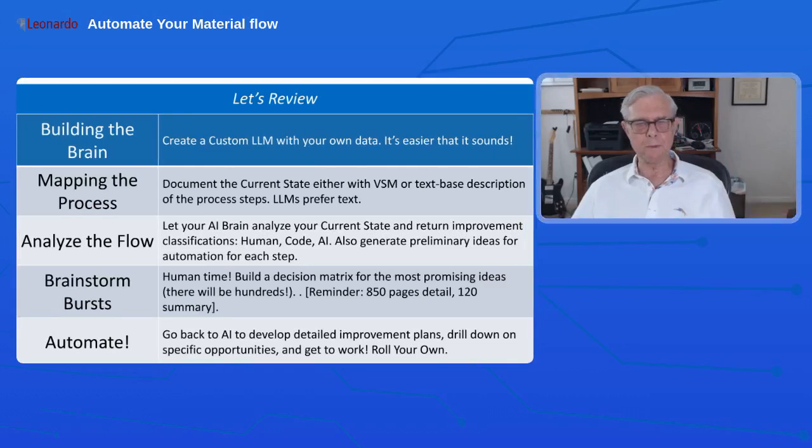Let me summarize what we went through in this webinar. So I'm recommending build a brain, document what you want, right? Using mixed model manufacturing best practices, which you can learn in our class. Analyze the flow and do some brainstorming with AI.